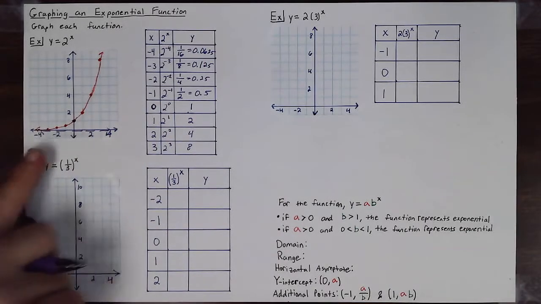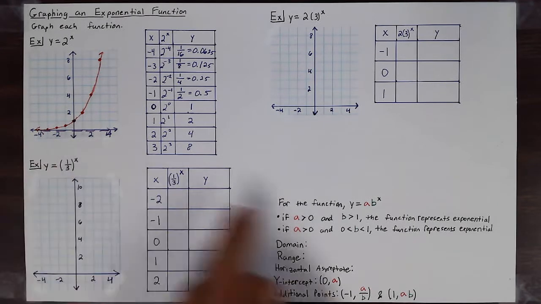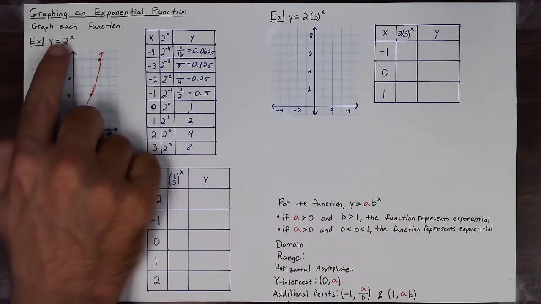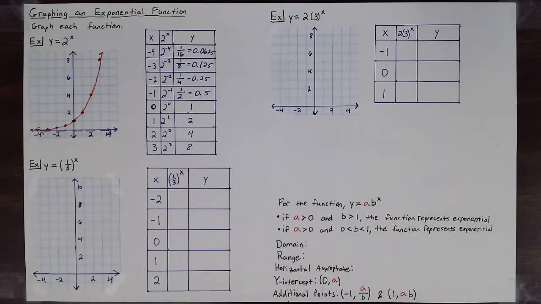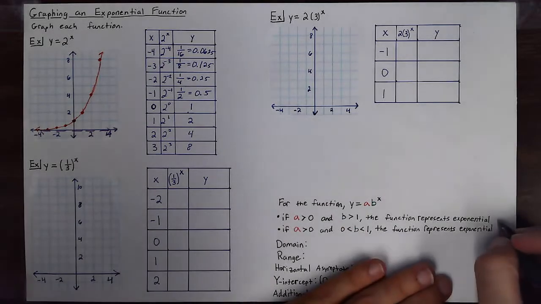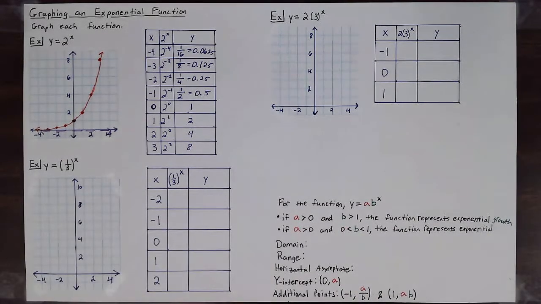But then it'll grow very quickly off to the right. Now, whenever that b value that's being raised to the x is greater than 1, this represents exponential growth for the graph, because it's going to grow to the right.